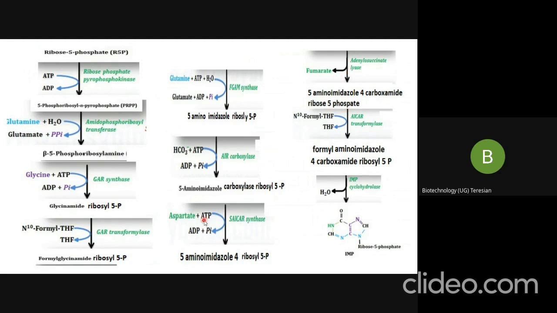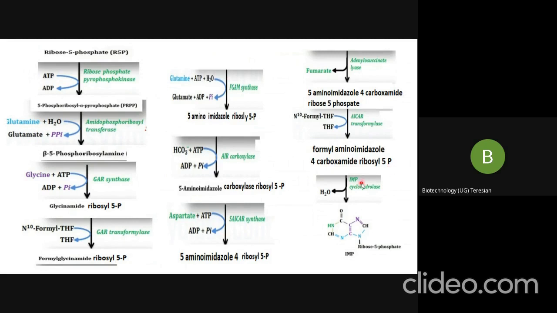That is, the aspartate donates its amine group and gets converted into fumarate. And this is followed by another reaction wherein a formyl group is added to the amino group to produce 5-formamidoimidazole 4-carboxamide ribosyl 5-phosphate.